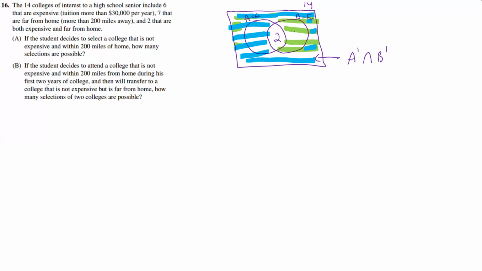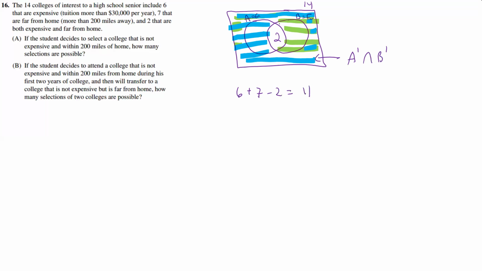Well, what we can do is first figure out how much is actually in the union. So the union is going to be what? We said A was 6. If we add to that how much is in B, which is 7, and then subtract off the intersection, that's 13 minus 2, so that's going to be 11.